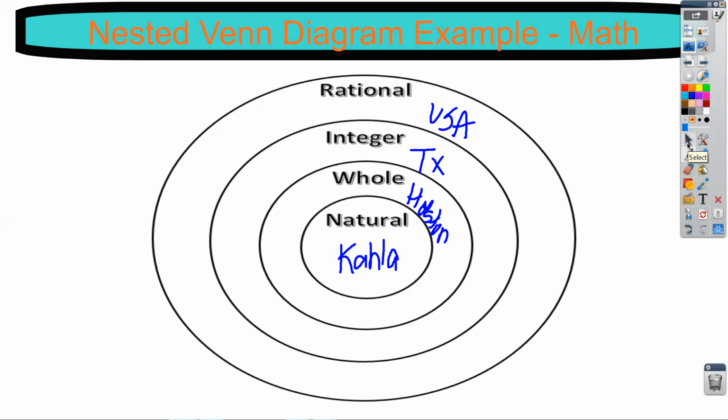So if that analogy, using our school and our state and all of that, helps you, label it. Every time you see these words, label it with Kayla, Houston, Texas, US, and see if that helps you. I know sometimes it can get really confusing talking about all these different types of numbers. So if putting it into simpler terms that you understand helps, please by all means use it.